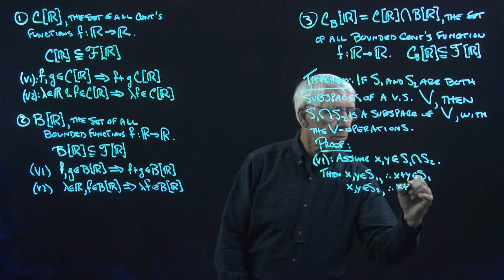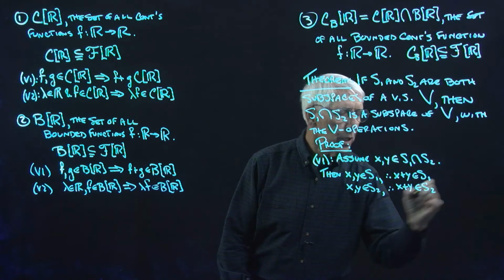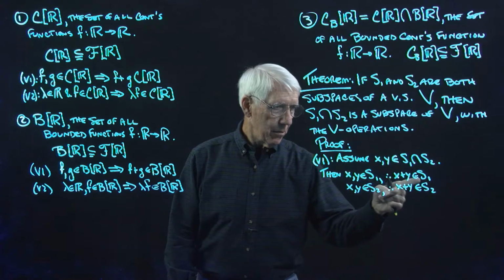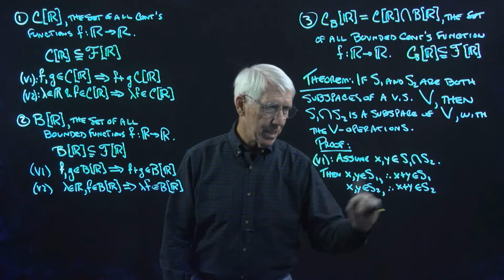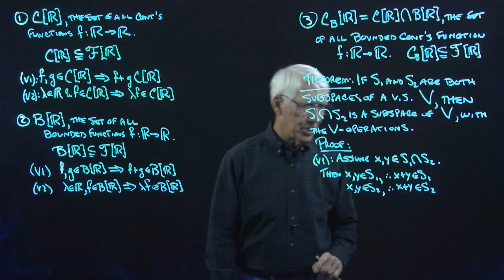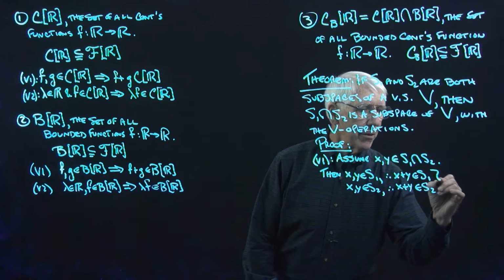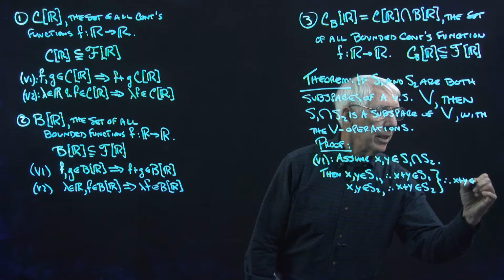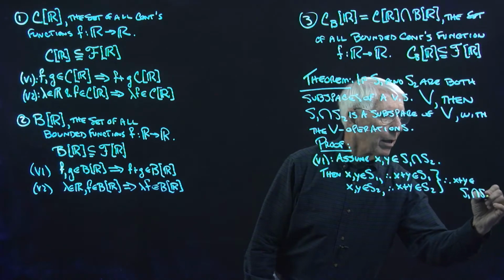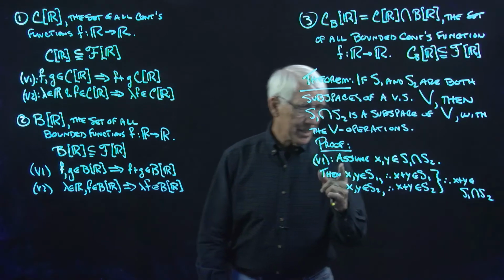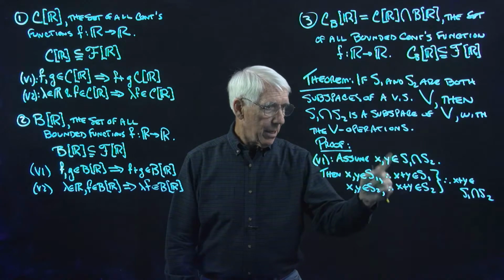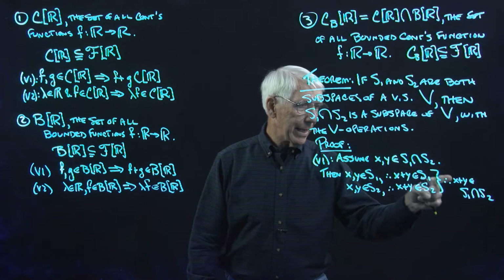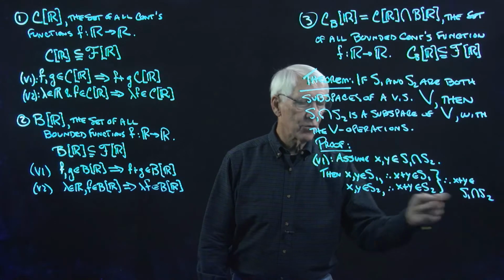Therefore, X plus Y is in S2. And both of these come from the fact that S1 is a vector space in its own right, a subspace, and S2 is a vector space in its own right, a subspace. And these two together tell me that X plus Y is in S1 intersect S2. And that establishes V1. If I've got vectors in S1 intersect S2, then X plus Y is in S1 intersect S2.